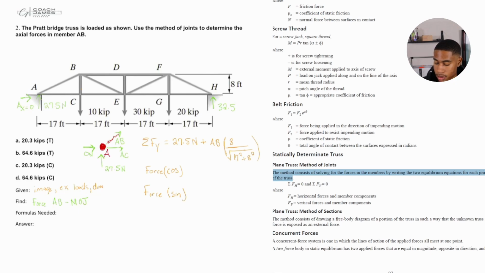All right. And so let's go through why we went this way. Well, what is cosine, right? Cosine is adjacent over hypotenuse, right? Well, sine is opposite over hypotenuse.